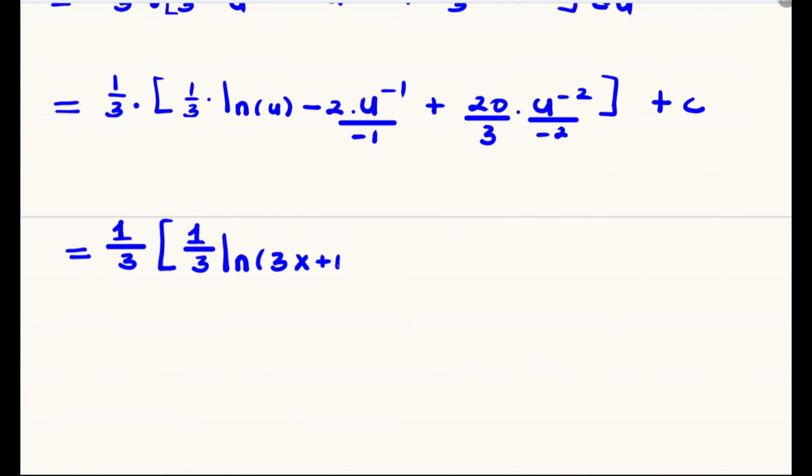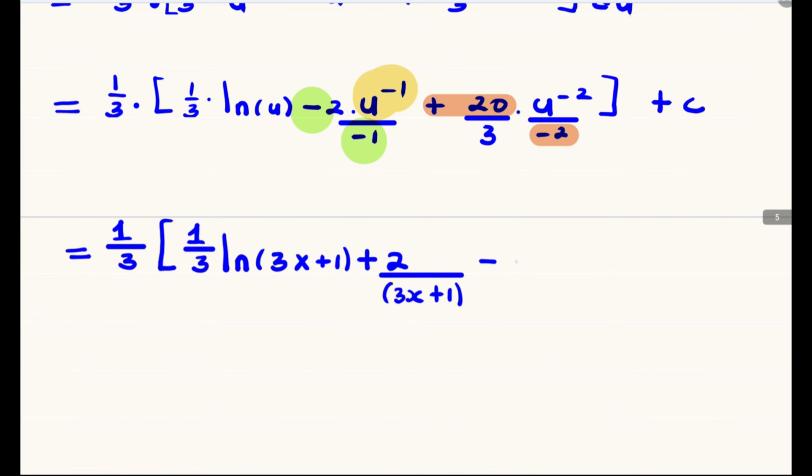The negative 2 divided by negative 1 will be equal to positive 2. We also move the u raised to the power negative 1 from the numerator to the denominator. The exponent will change sign to positive 1, but the u is equal to the 3x plus 1, so let's substitute the 3x plus 1. And the positive 20 divided by the negative 2 will be equal to negative 10.